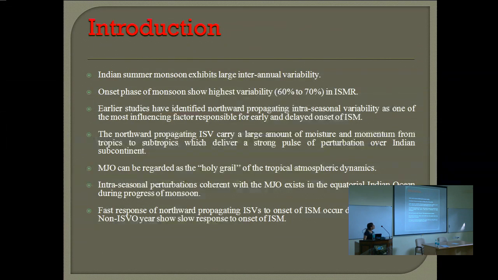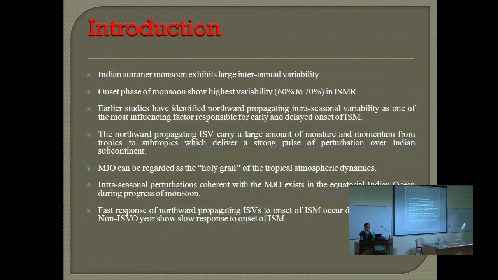Onset phase shows highest variability in rainfall amount, that is 60 to 70%, and active break shows 50 to 60%. Withdrawal phase shows 30 to 40%. That is not part of my study.